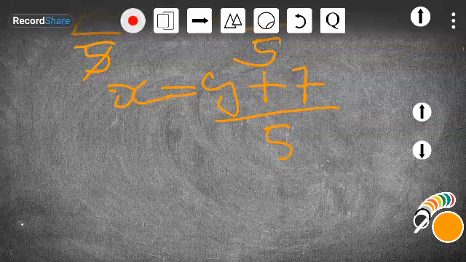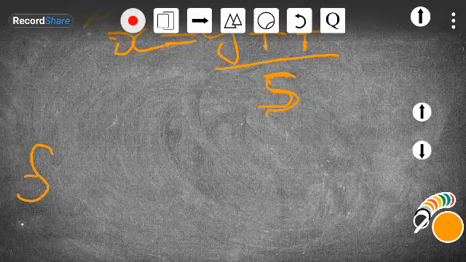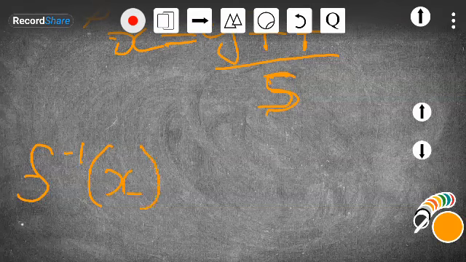Now, since we're looking for the inverse, this simply means that the inverse function of x will be equal to, where there is y, we replace with x.